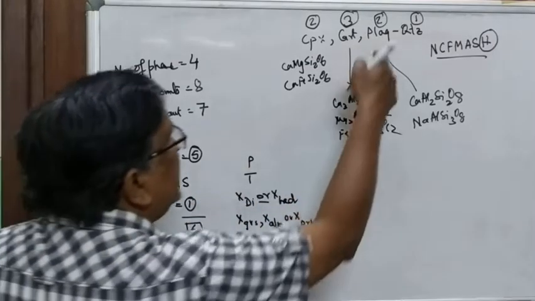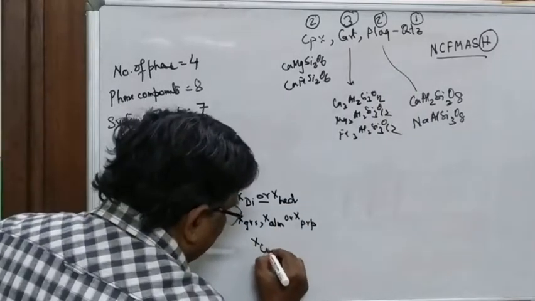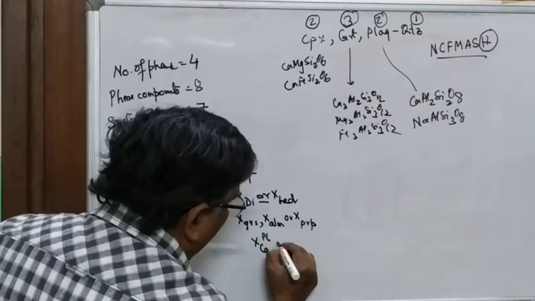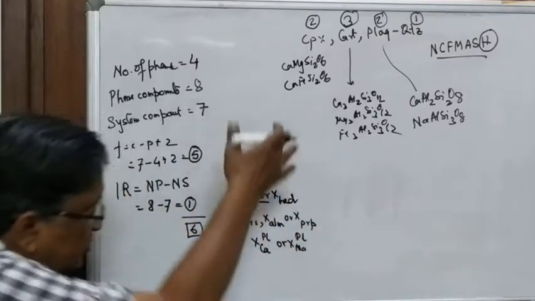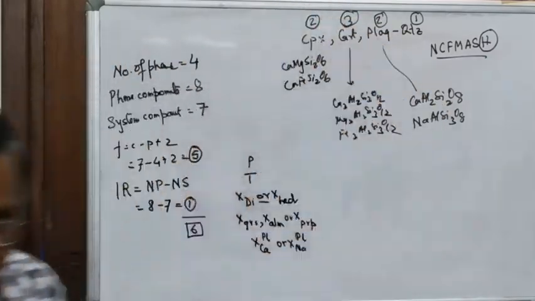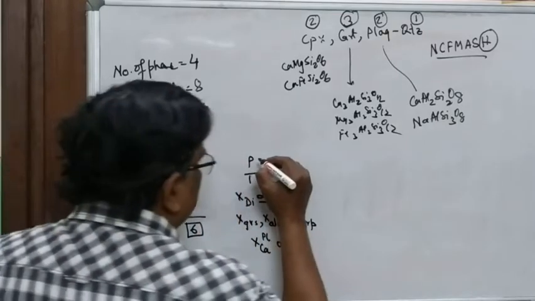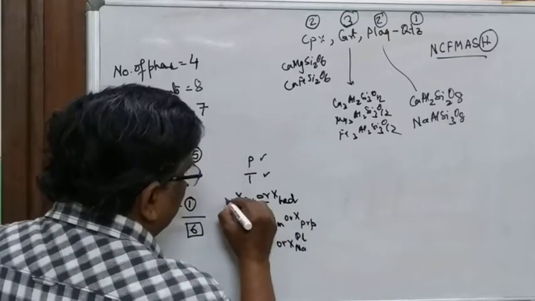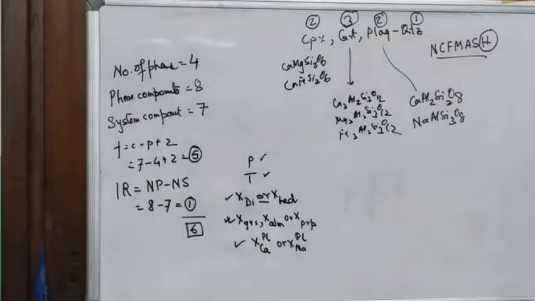And for plagioclase, the independent variable is X Ca plag or X Na plag. This is what I see from the mineral assemblage. So how many variables? 1, 2, 3, 4, 5, 6. Therefore, there are 6 variables.